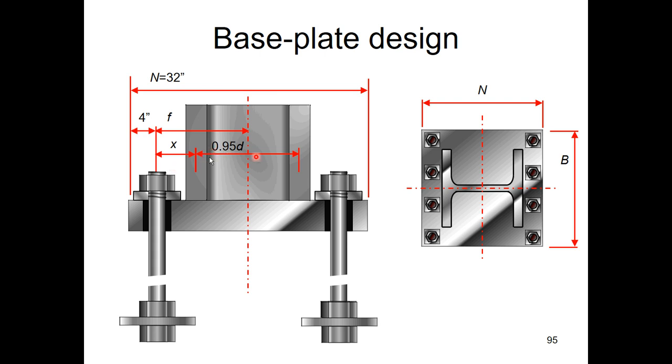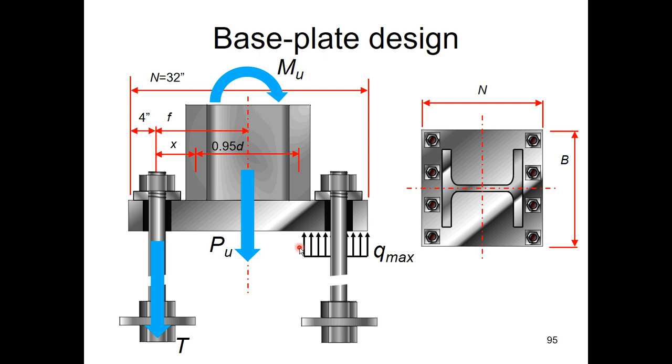We make the assumption that the effective depth of this column is 95% of the full depth, so maybe the uplift from the flange is centered here, or the cantilever distance, say for the tension rod pulling down, goes from the center of the rod to this point here. There's our moment, and there's our axial force.